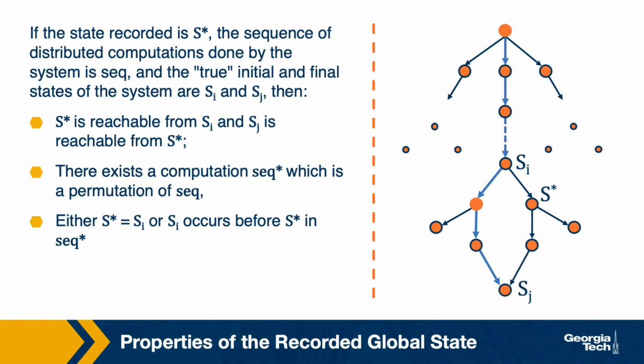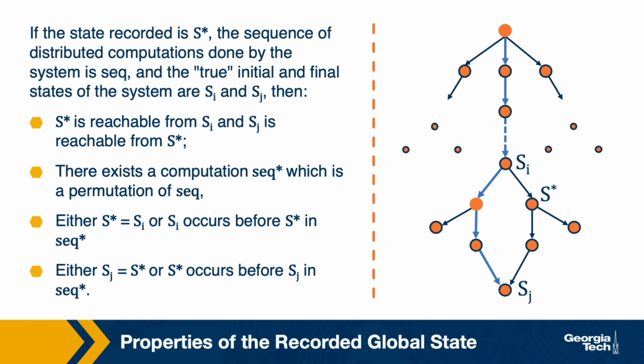We know that either the recorded state S star is the actual true initial state of the system, Si, or that the true initial state of the system, Si, is a real state that occurred before the state that we recorded, S star. And also, we know that either the true final state of the system, Sj, is the actual state that we recorded, S star, or that S star is some state that occurs before Sj with respect to this schedule, sequence star.